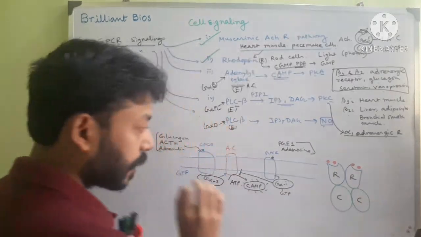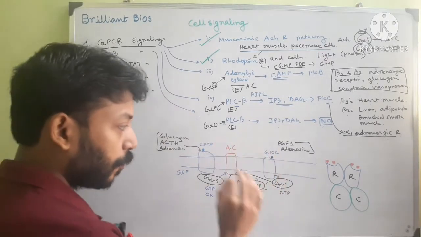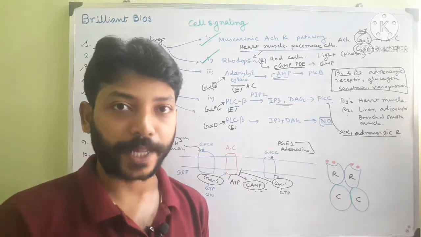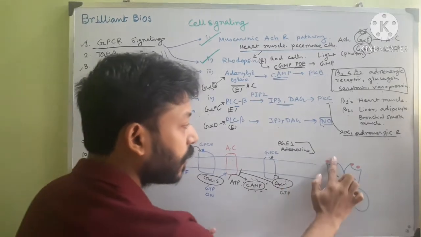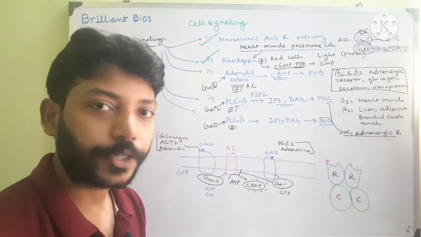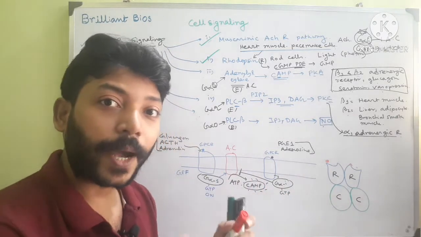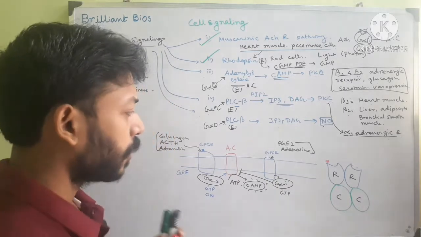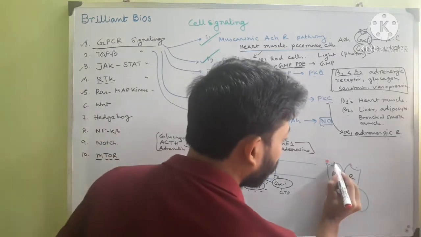In this case, I want to mention that the binding of cAMP is cooperative in manner. That means when one cAMP binds with a single R or regulatory subunit, it helps the binding of the other cAMP more spontaneously.